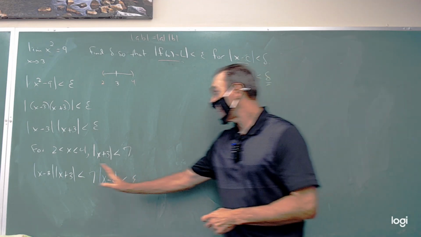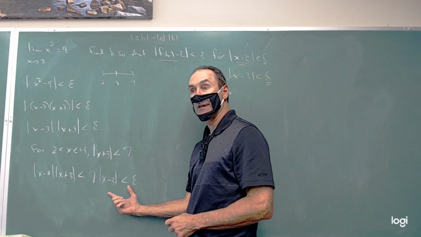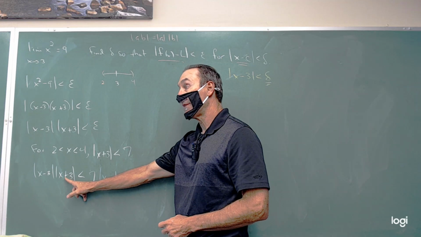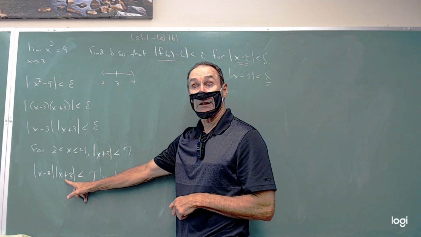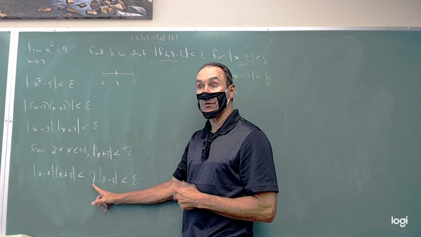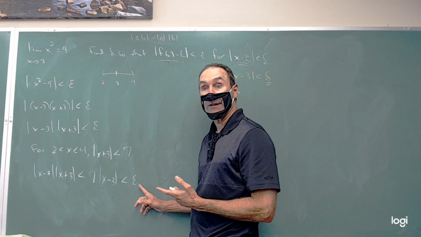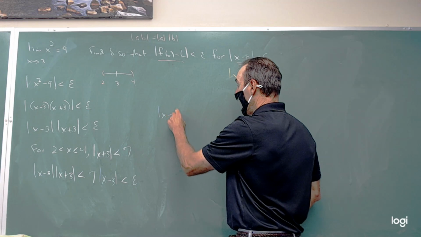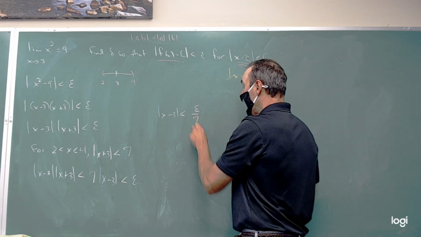So now I can put that in my rearview mirror and just look at this. Now that I've replaced that thing with a variable that was a little iffy by an ordinary number, I'm free to divide that over. And so we get x minus 3 is less than epsilon over 7.